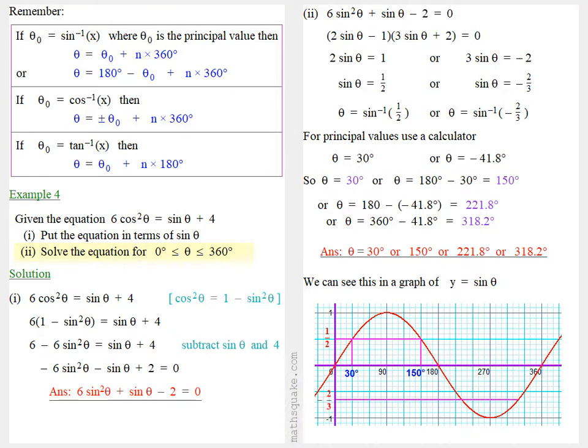If we draw a line horizontally across from minus 2/3 on the y-axis, it crosses the curve at 221.8 degrees and again at 318.2 degrees. So we have the same solutions as before.